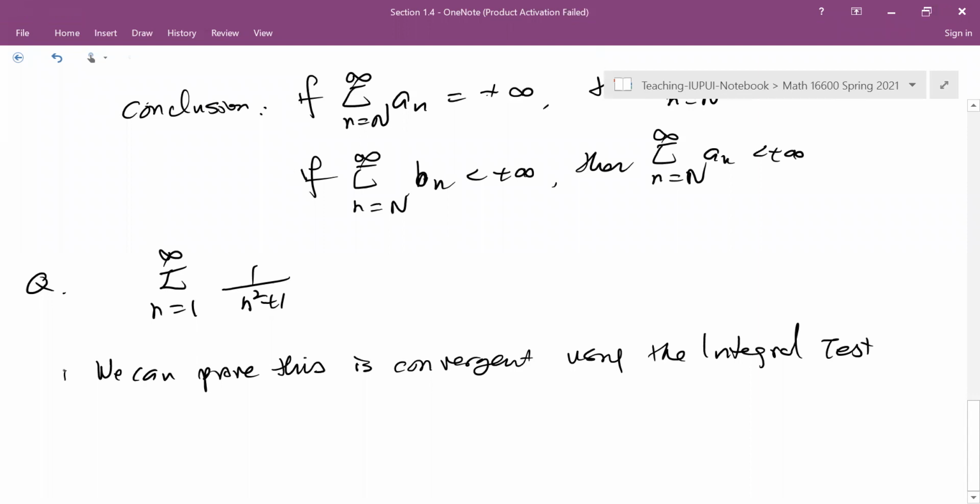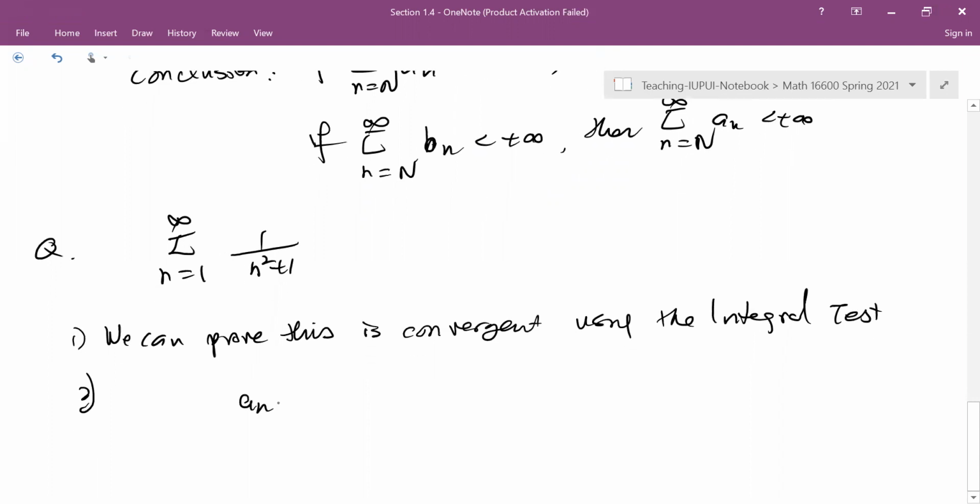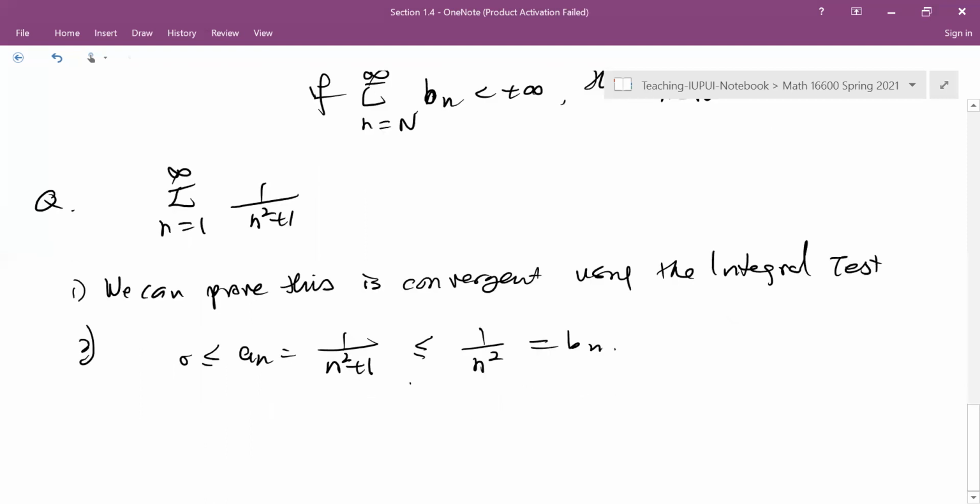So what I'm trying to do right now is use the comparison test. My a_n is 1 over n squared plus 1, which is positive, right? And I can make it larger: it's 1 over n squared, which is my b_n. So by the above comparison test, at least you have this one.